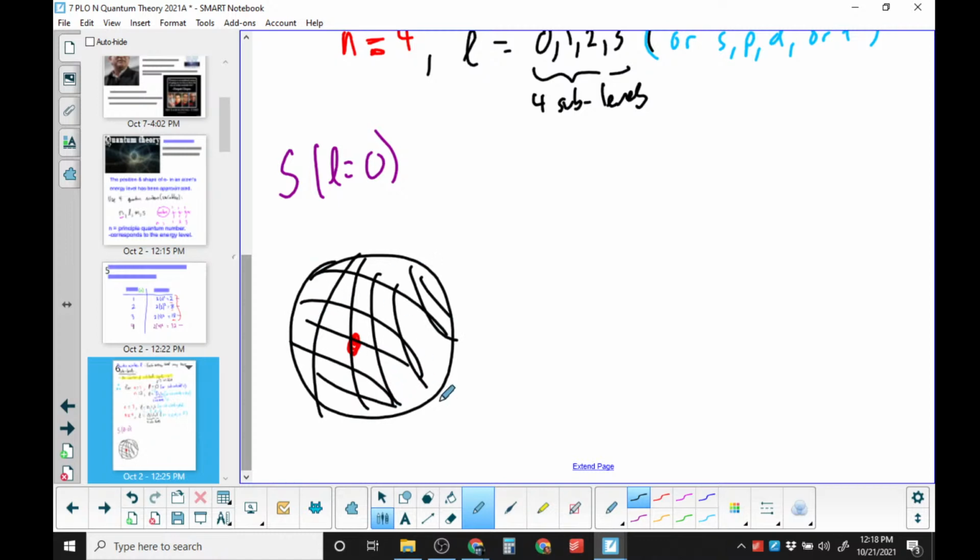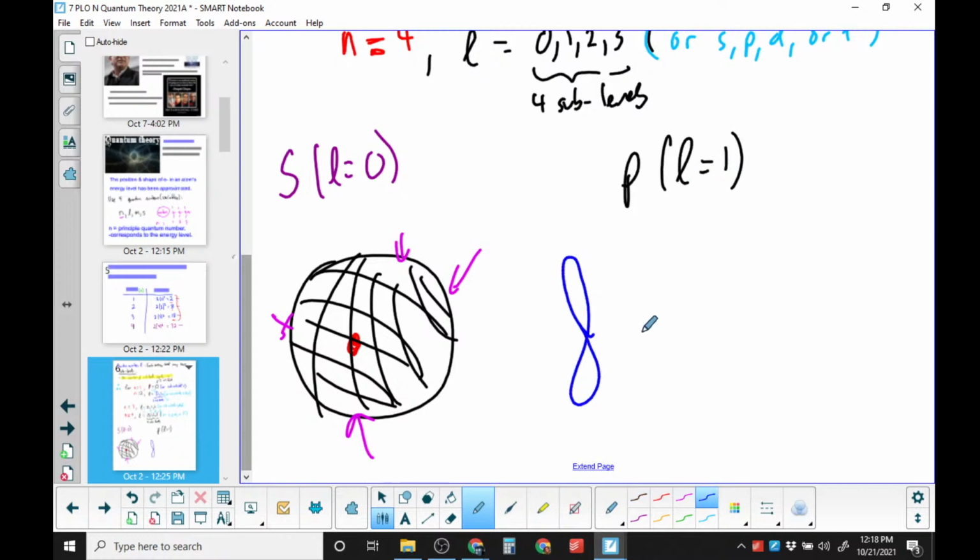If an atom has an s orbital, that means its bonds can have any point of contact around it, and it will have implications for how it reacts. If you have a p orbital, L is equal to 1, then there are now 3 of them, and they look like this. Well, they look a little fatter than that, actually.